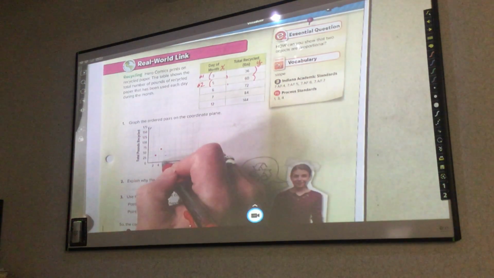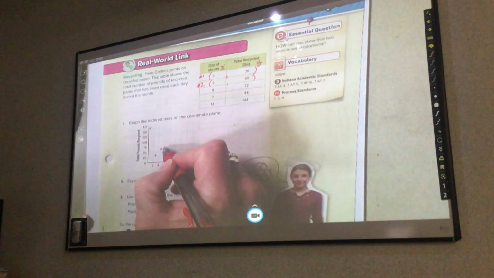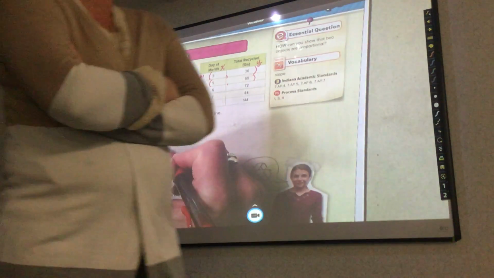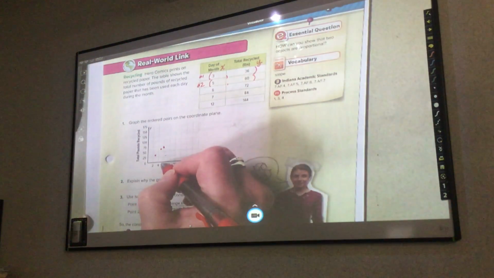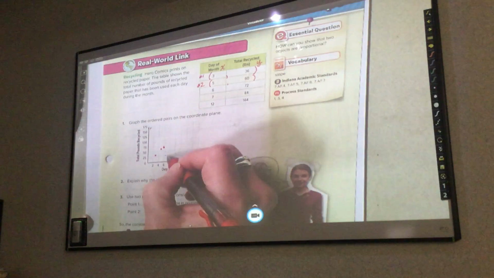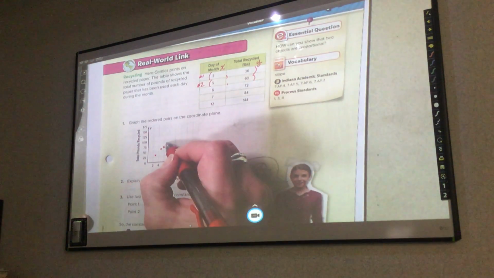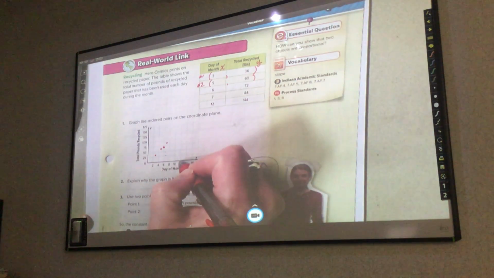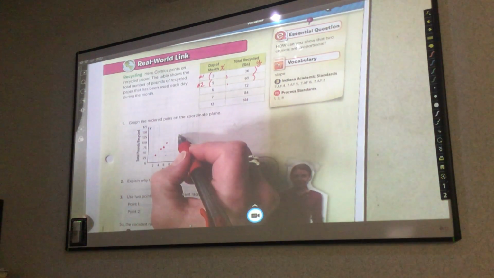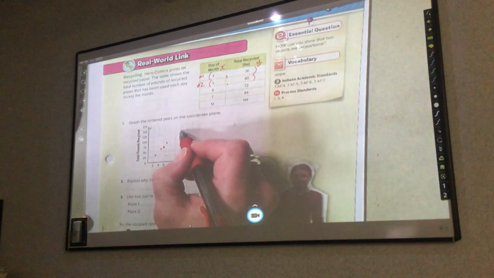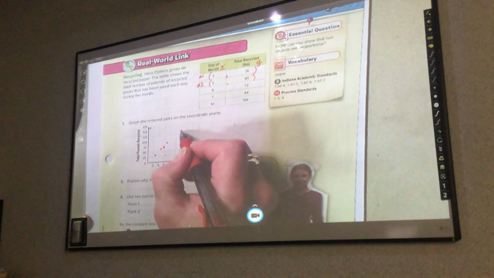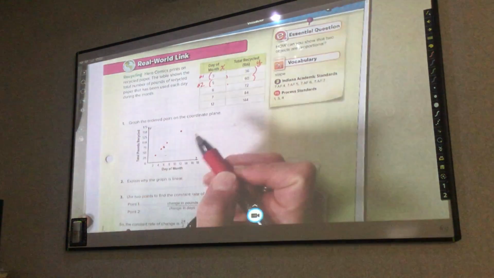Over 6, up to 72, and we're below the 75. Over 7, and up to 84. Over 12, and up to 144. I did a terrible job on that dot right there.